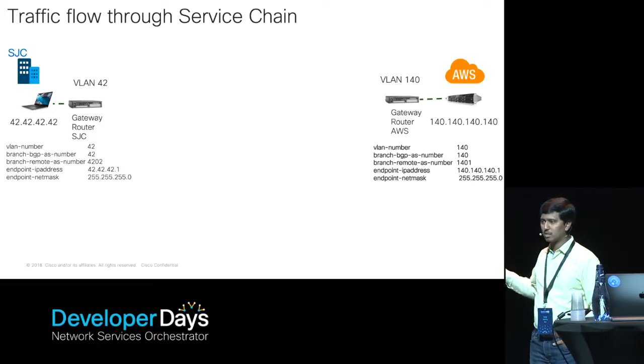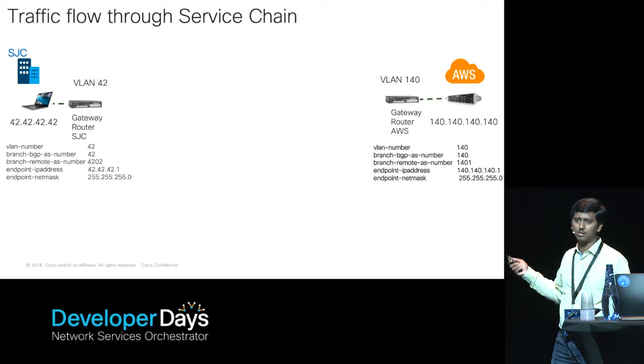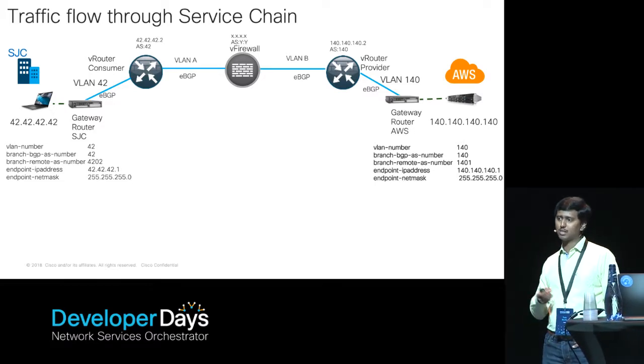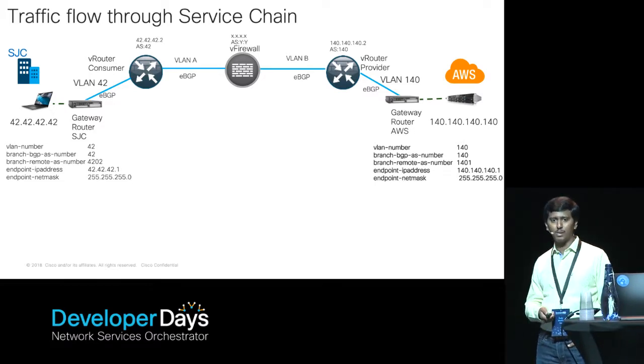And I want to access my applications in AWS, where I know my handoff mechanism, the router connected to the application on the other side of the AWS routers. What I need to do is spin up a service chain with a router connecting to these endpoint gateways and a firewall in between to manage my access policies.